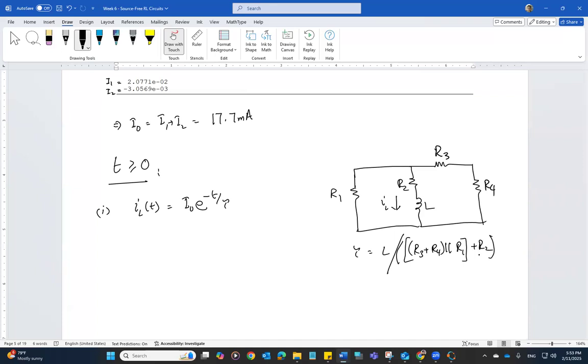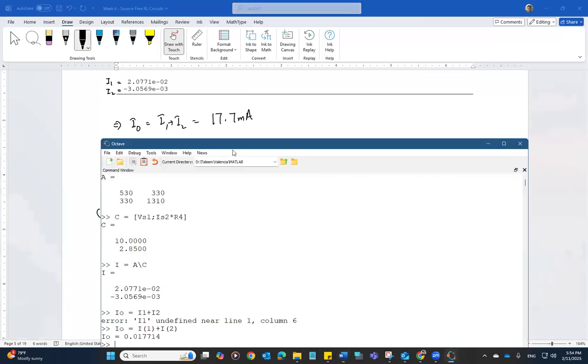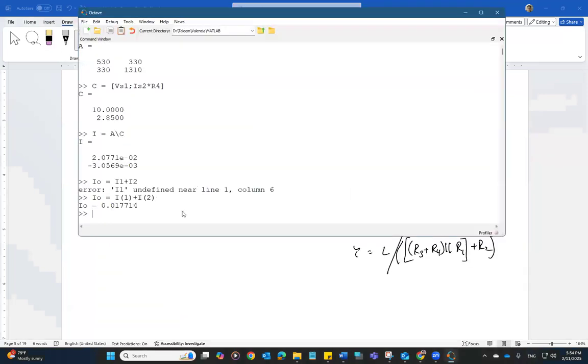So let's go ahead and calculate that. Now it's equal to L divided by R3 plus R4 parallel with R1. So RP, my parallel function. R3 plus R4 and R1 are in parallel.